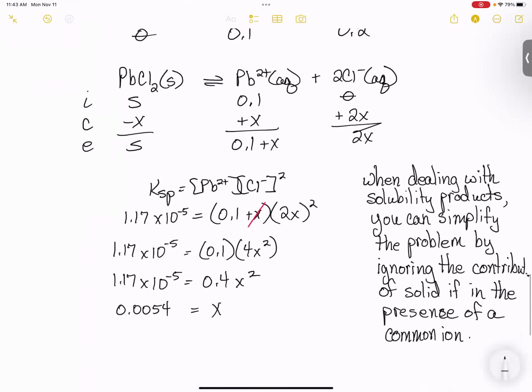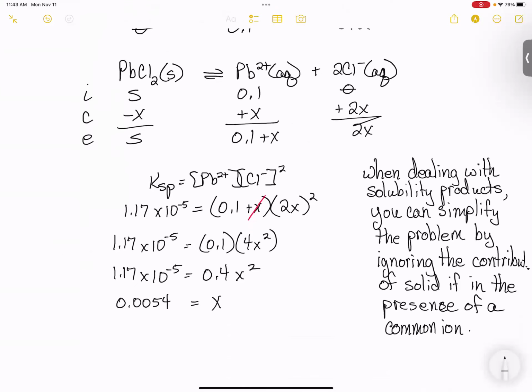Plugging that into your KSP expression. The new piece from what we were discussing previously is that, most of the time at least, you can ignore this contribution.